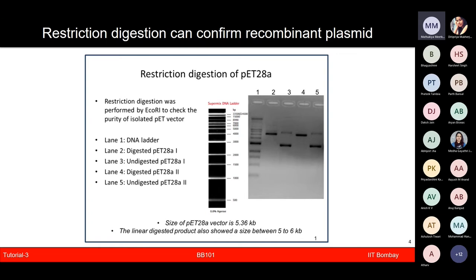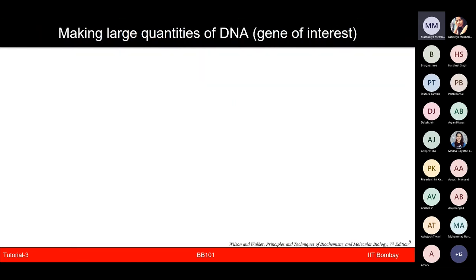Here also the actual size of the vector is 5.36 kb, and the linear digested product is around 5 to 6 kb, obviously. The circular ones tend to run smaller in size, but linearized, it will run at the larger size.